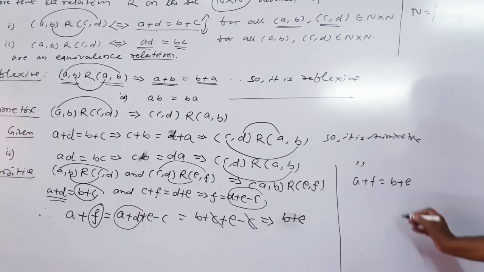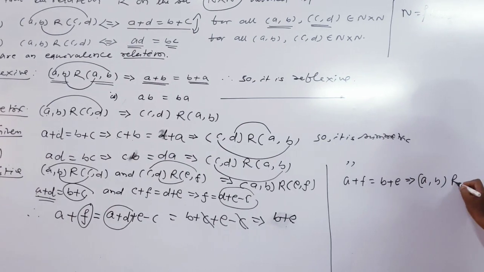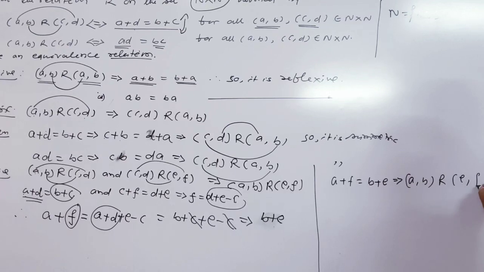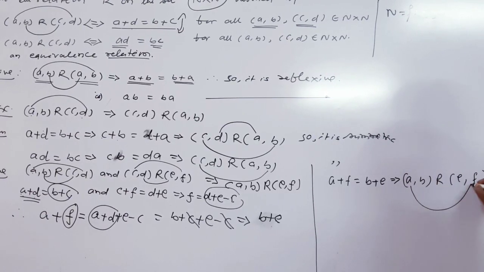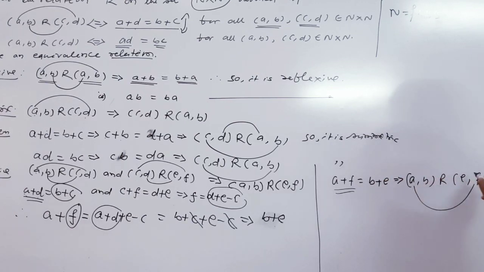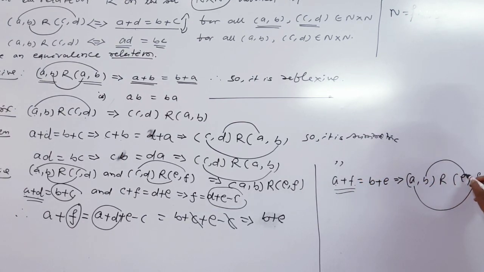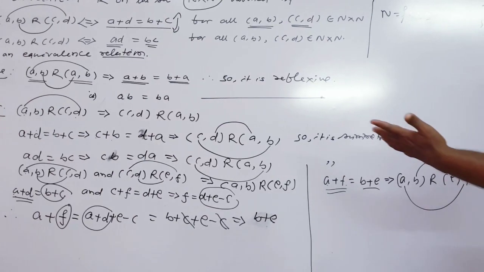Okay, so the ordered pair (a,b) is related to (e,f). First to fourth, first plus fourth equal to second plus third. Yes. So the relation is transitive.